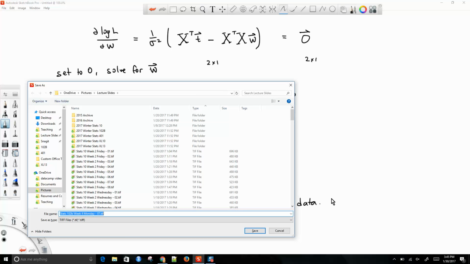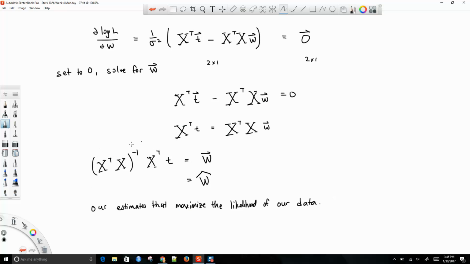And we notice that these estimates of w are the same as the values that minimize the sum of squared residuals.